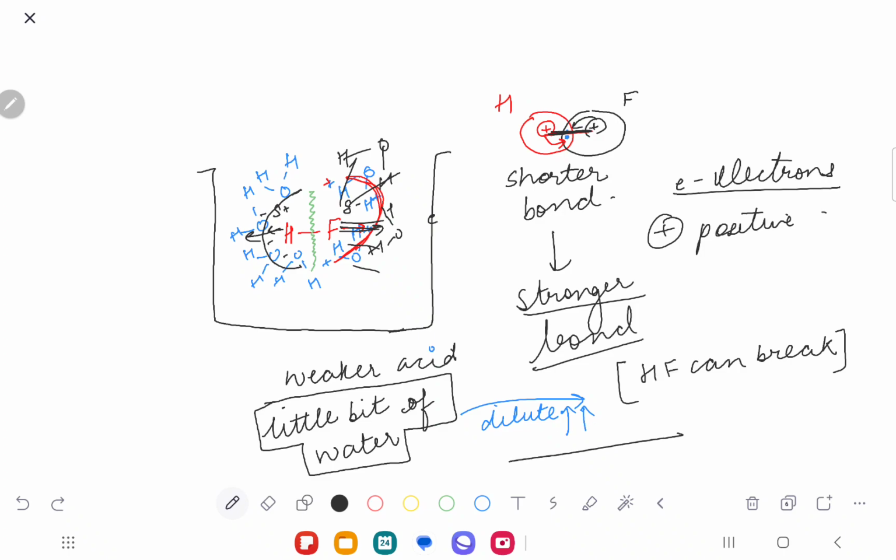If you keep on diluting and diluting, what do you think would happen? There would come a time that this HF might break 100%. And this level of dilution, you will not believe. So let's start from here.